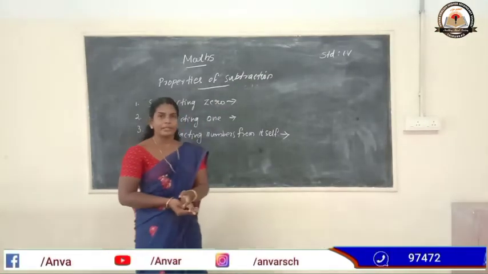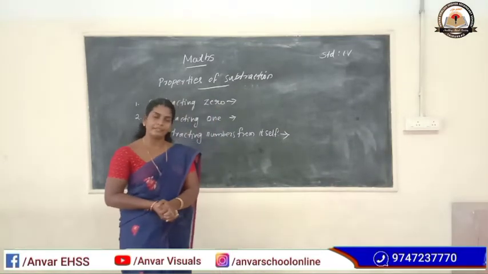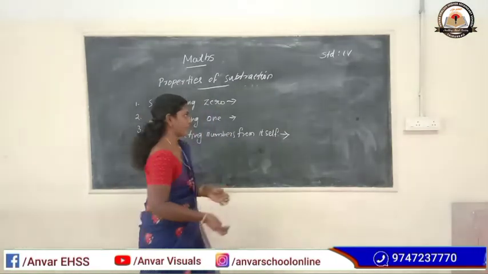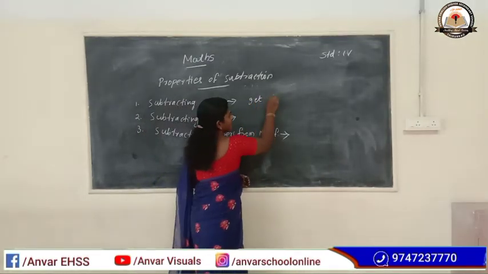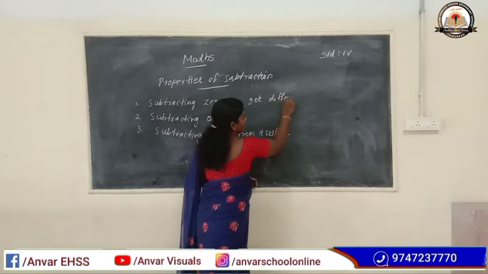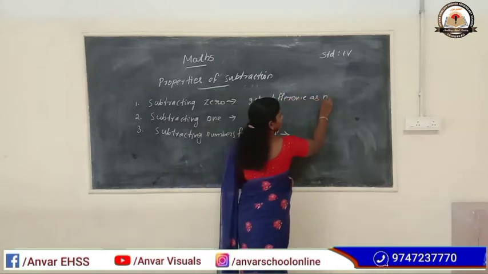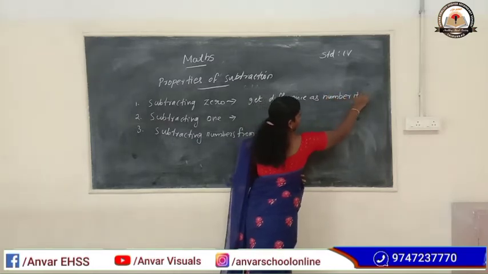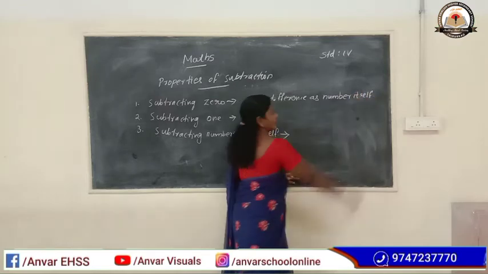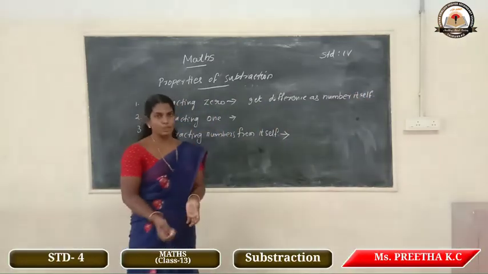When we subtract 0 from any number, we get the difference as the number itself. This is the property of subtracting 0.